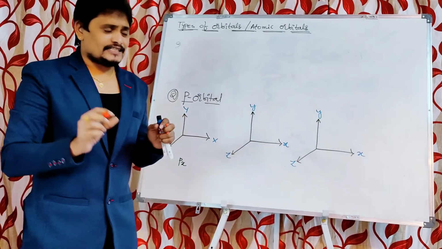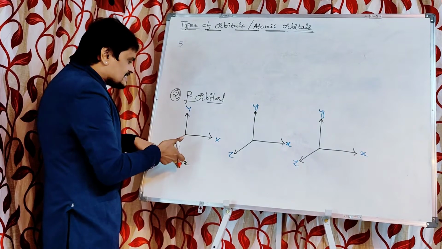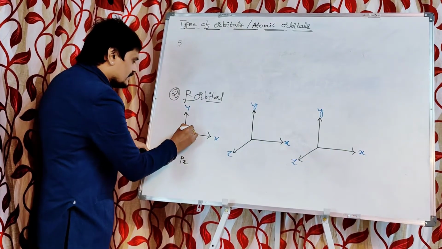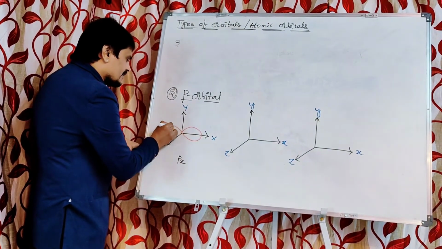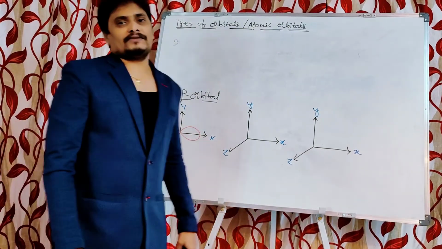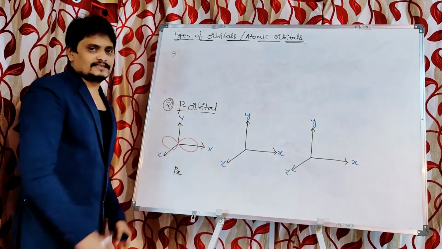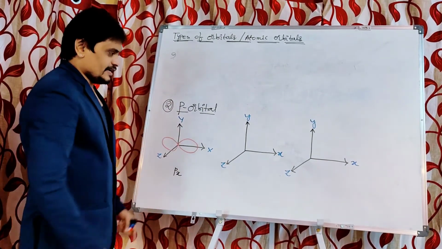As it is px, that dumbbell is located at the x-axis. If the dumbbell is located at the x-axis, then it is px.